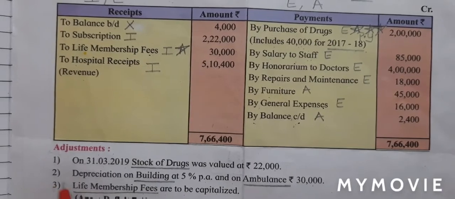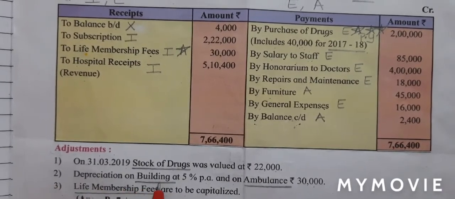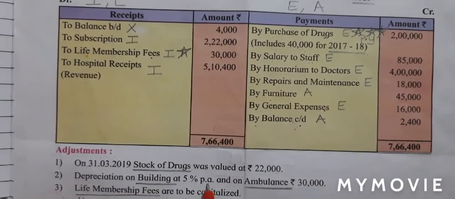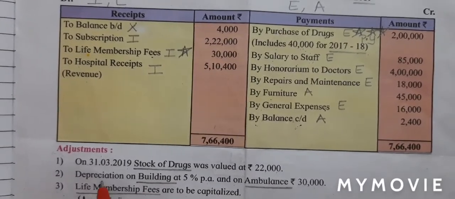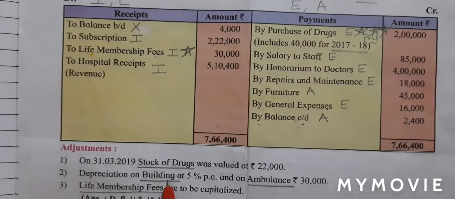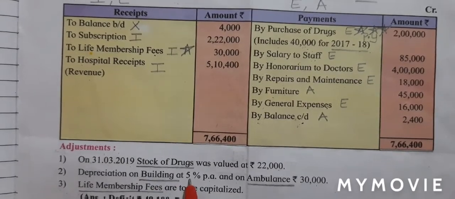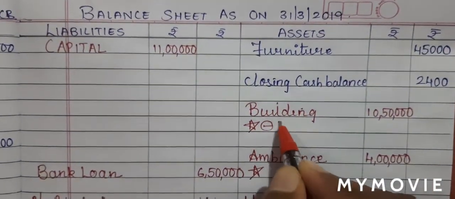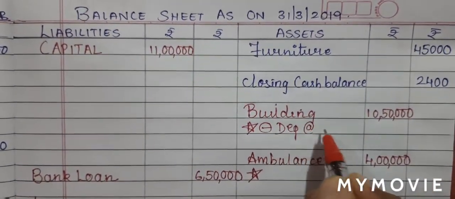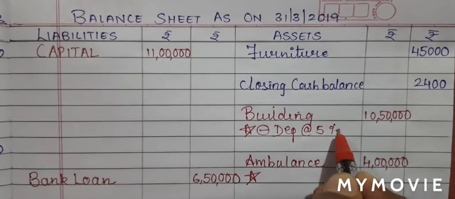Adjustment number 2, depreciation on building at 5% per annum and on ambulance rupees 30,000. We will first do depreciation on building at 5%. Let's do the first effect. So for building, I'll say less dep at the rate of 5%.